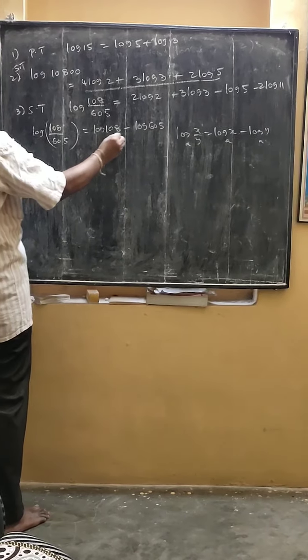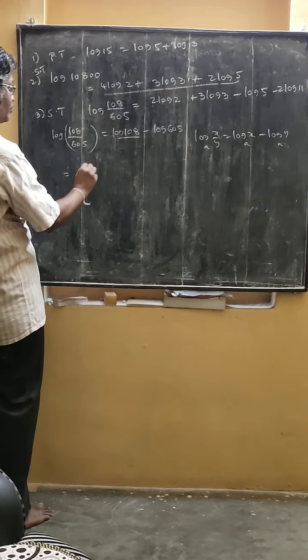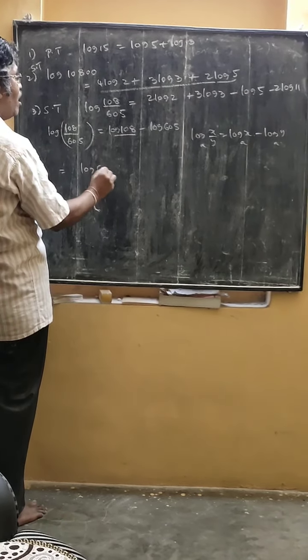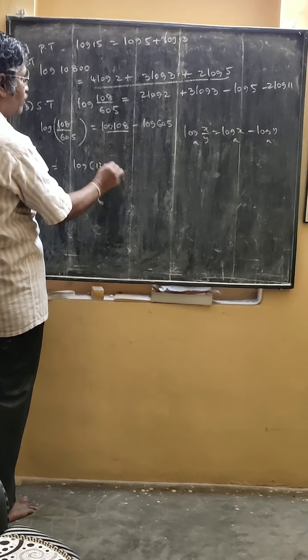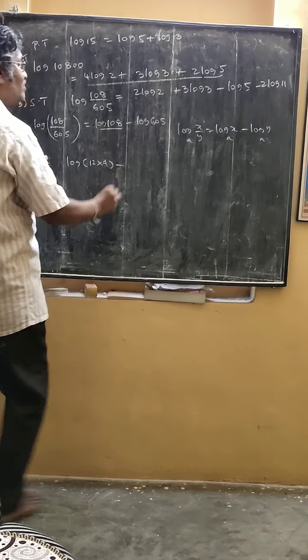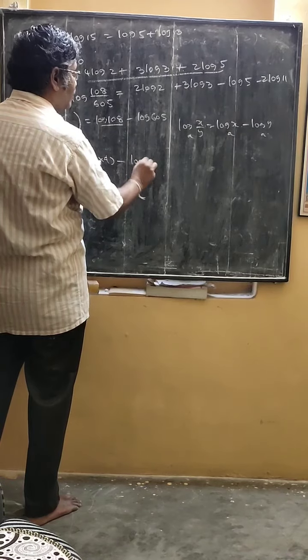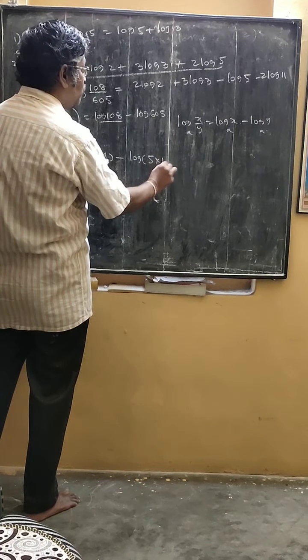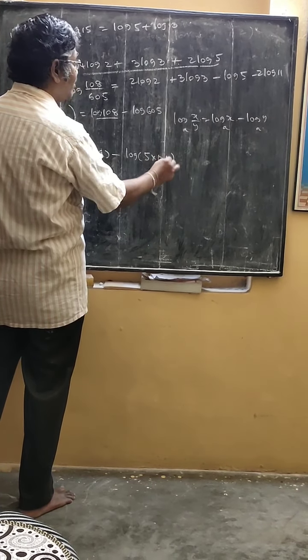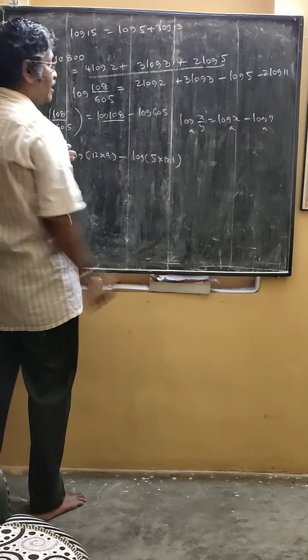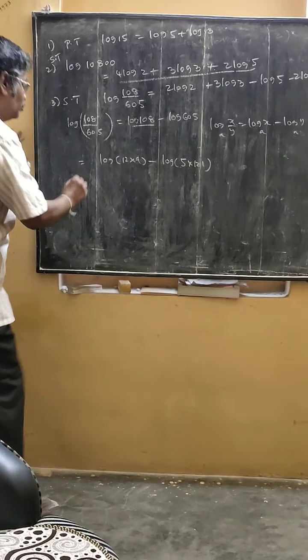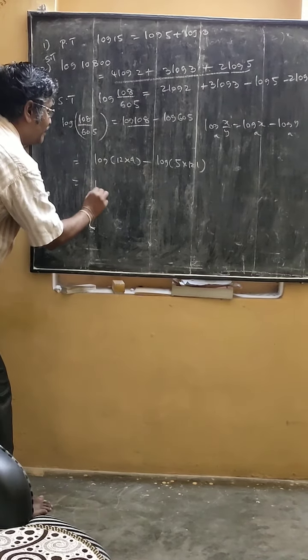Now 108 is 12 into 9. Log 605 is 5 into 121, I want 5 into 121. How can you write this one?